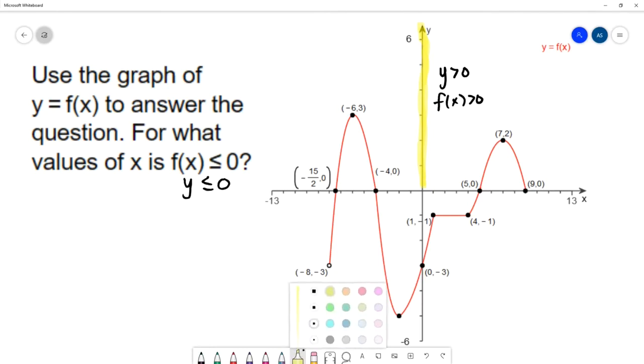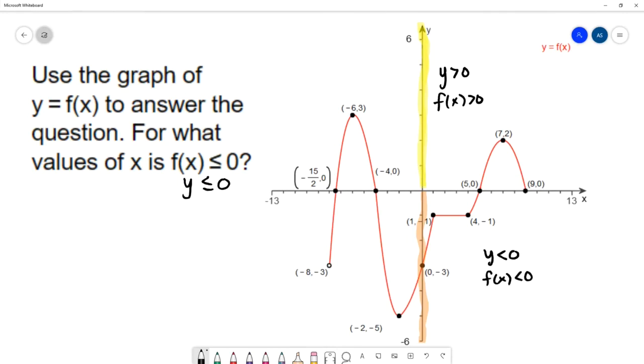Anything below the x-axis has y's that are less than 0, or f of x being less than 0. And then anything that is on the x-axis will have y equals 0, or f of x equals 0.